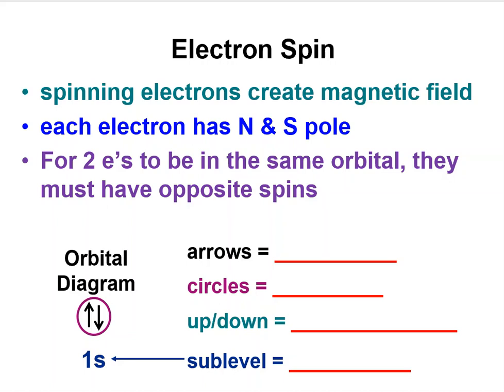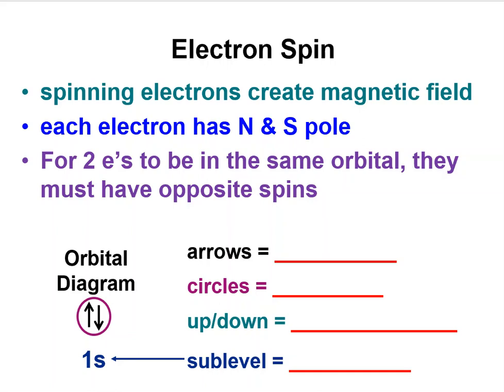Well, magnets have north and south poles for the same reason. And you know, if you're trying to put 2 magnets together, if you put them like north to north and south to south, aligned the same way, they will repel. But if you align them north to south and south to north, then they'll actually attract each other.